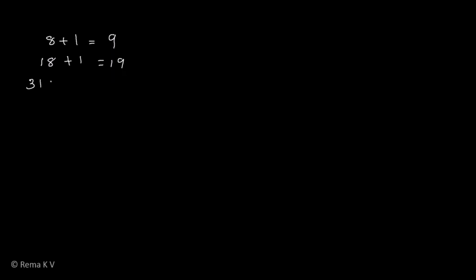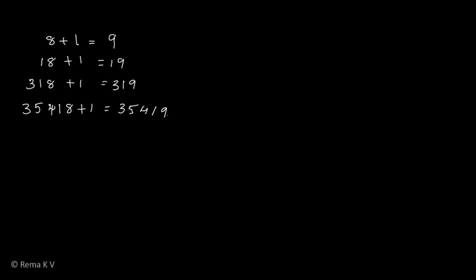What is this 318 plus 1? 319. So what will be the number when you add 1 to 35,418? This will be equal to 35,419.